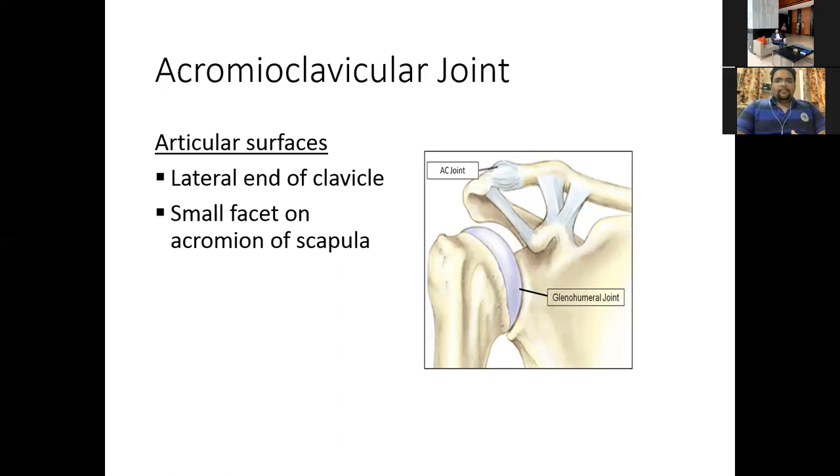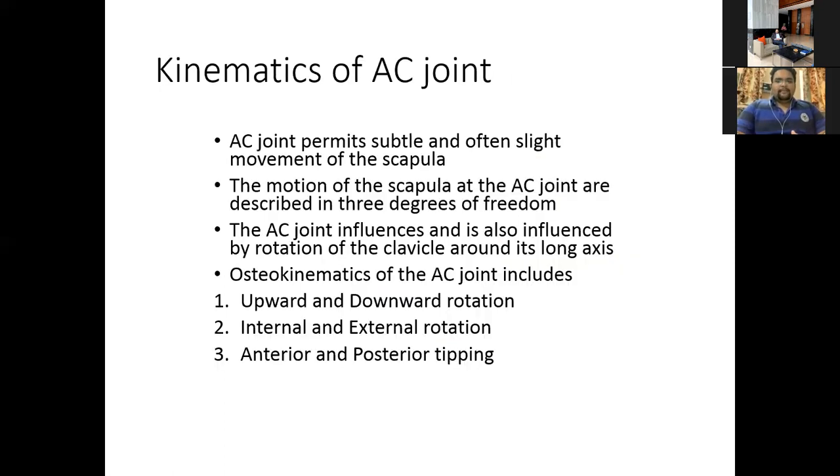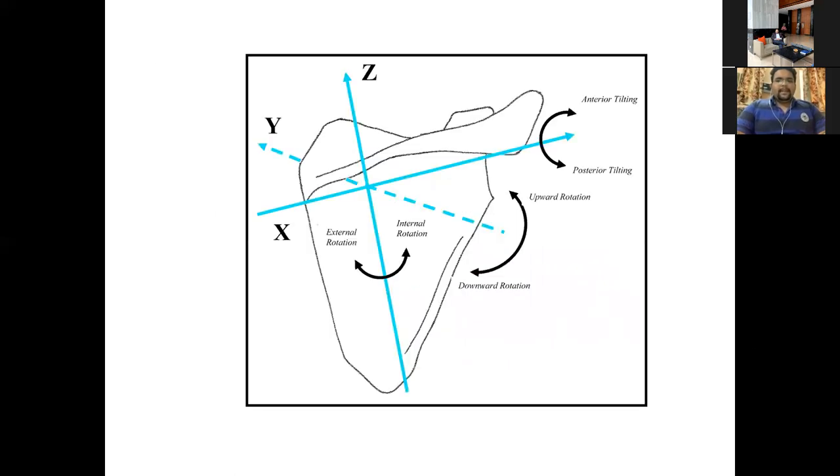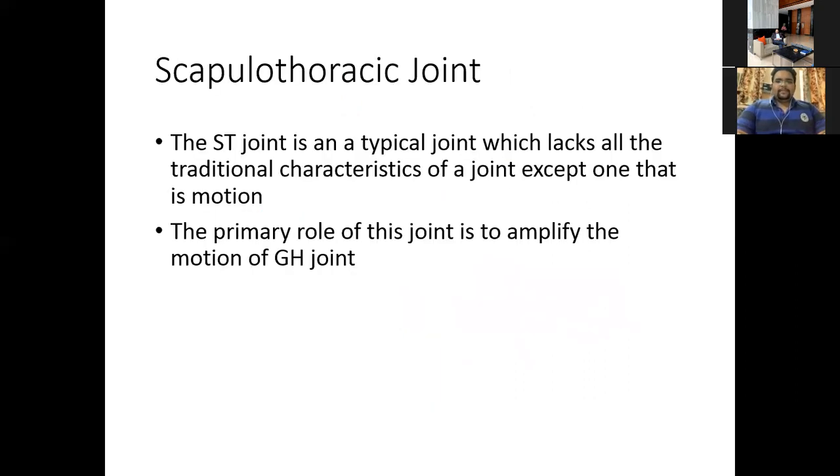It also provides us the 3 degrees of freedom in all motions, and the osteokinematics belonging to these joints are upward and downward rotation. Here you can see in this picture internal and external rotations and anterior and posterior tippings.